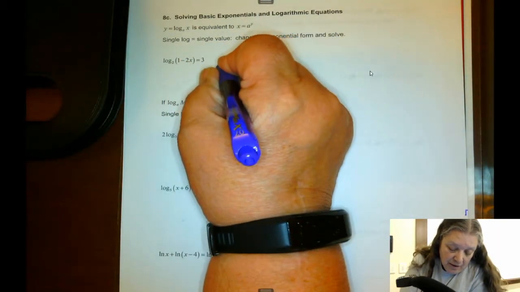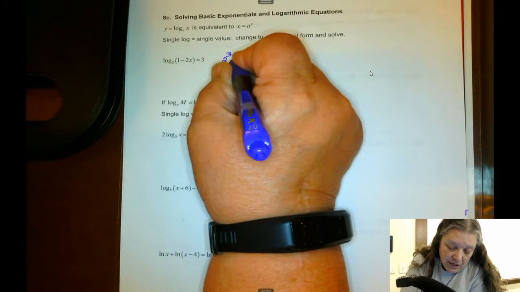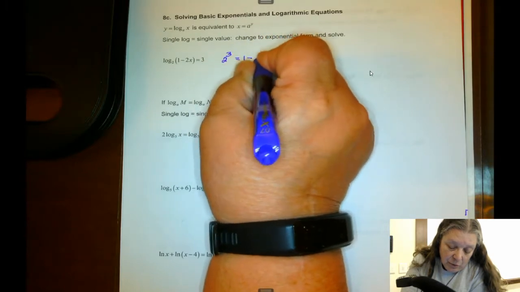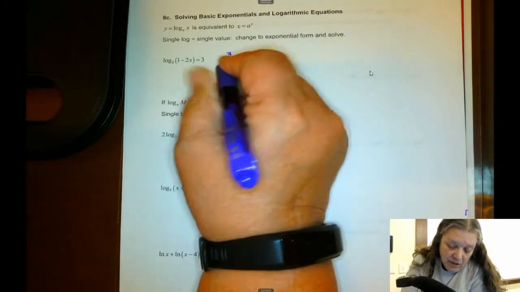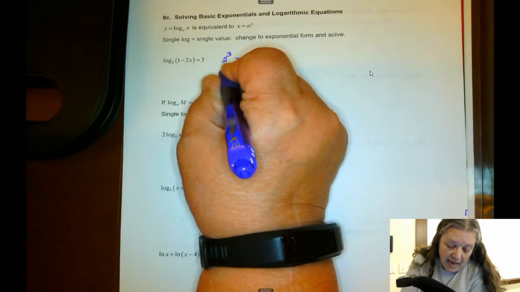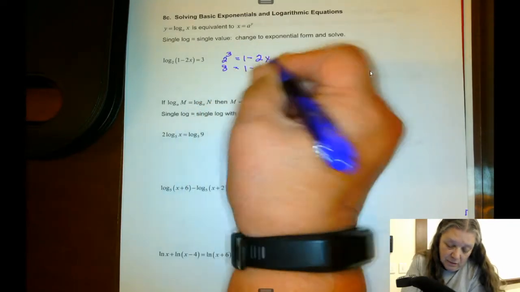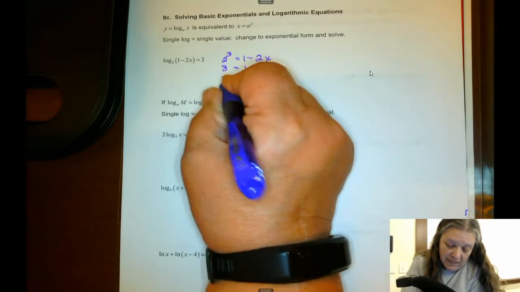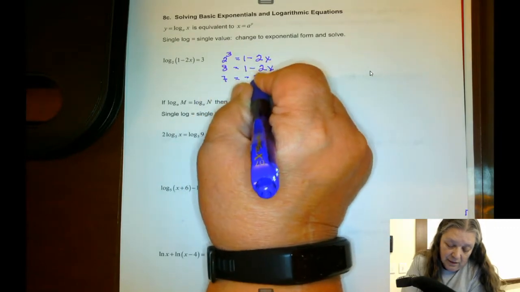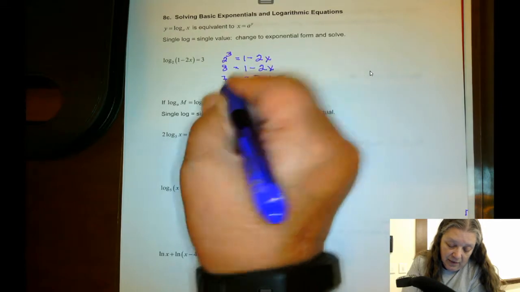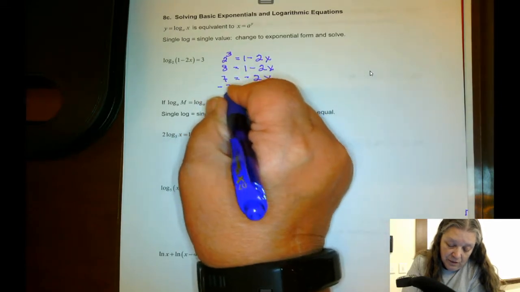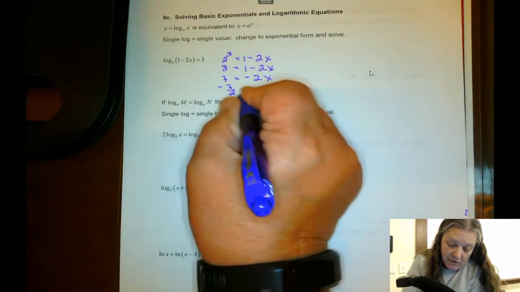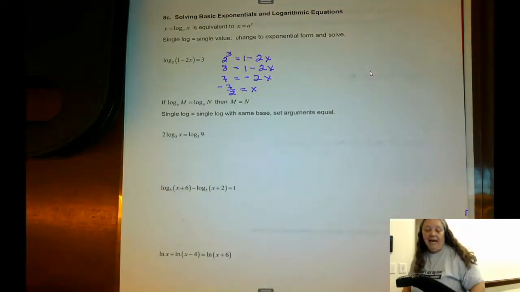It becomes 2 to the third equals 1 minus 2x. 2 to the third is 8 equals 1 minus 2x. Subtract the 1, so we have 7 equals negative 2x. Divide by negative 2, so negative 7 over 2 is x.